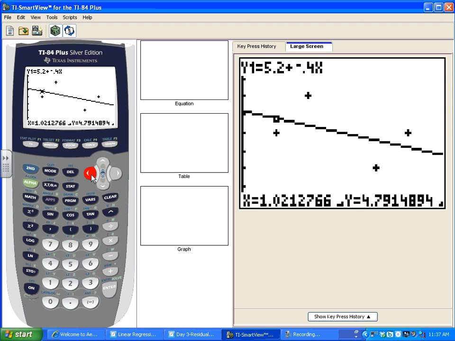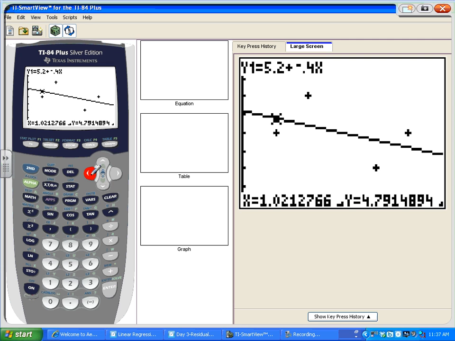Residuals. A residual is this. How far away is your actual data point? That's this thing right here. How far away is that actual data point to that predicted data point? How far away is your data point to its prediction?